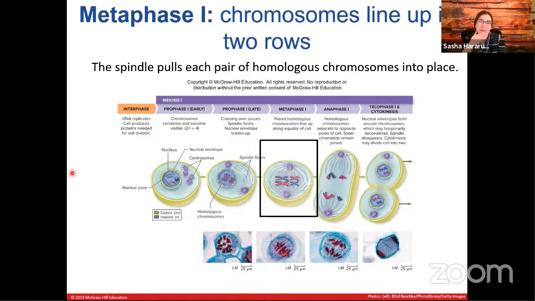So in this metaphase one, there is one fun fact that I want to mention to you at this point. In agriculture in particular, we have made a lot of hybrids of plants and animals. And not all of the hybrids that we've produced are fertile.